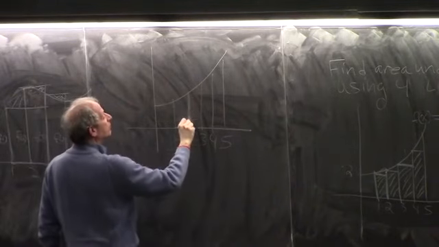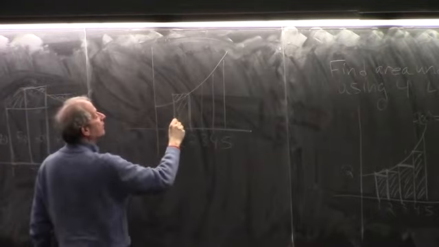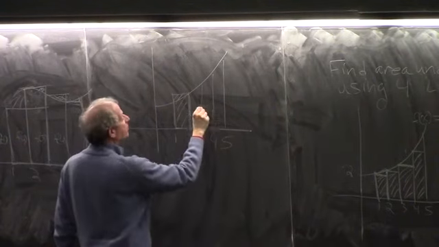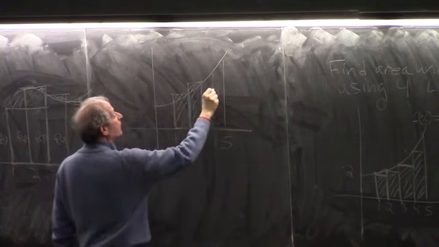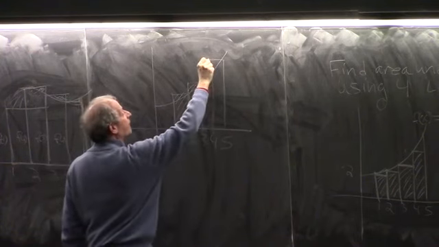So I go up to 2 and go across. And notice, that area will be bigger than the area under that piece of the curve. And then from 2 to 3, I go up to 3 and across. And again, the area is bigger. I go up to 4 and across, and it's bigger. And 5 and across.